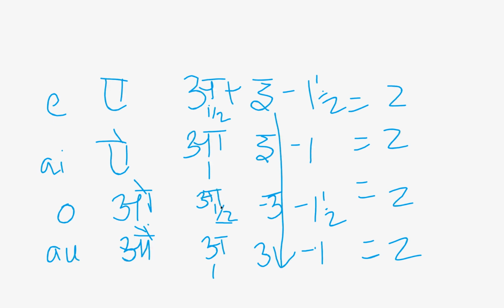Both. The last one. Oh, sorry. Yeah. Dhanyavad. So I will remain as 1 matra. U will remain as 1 matra. I.